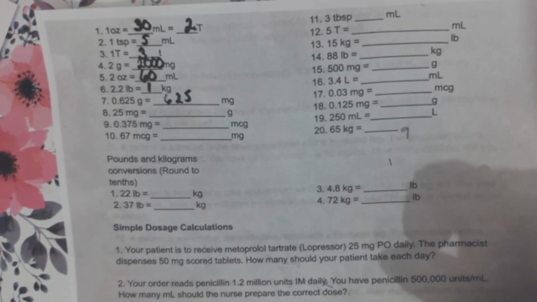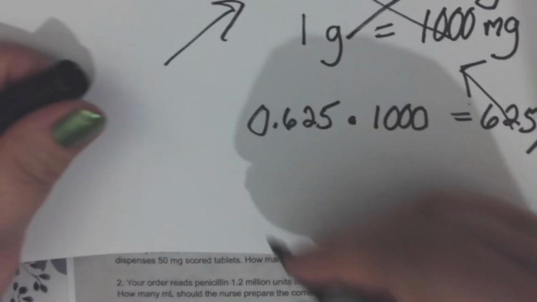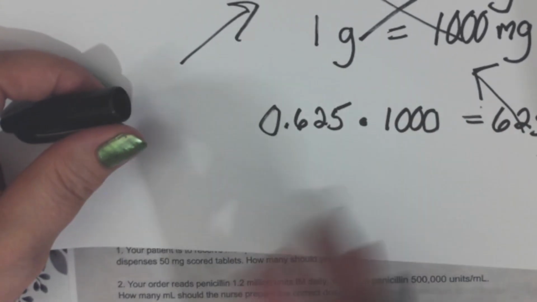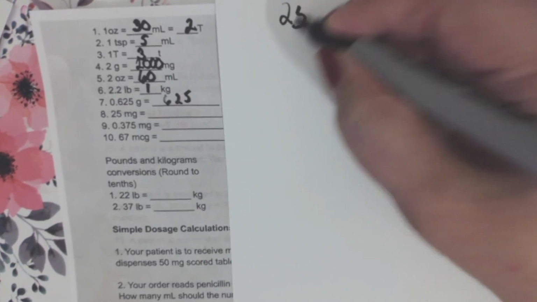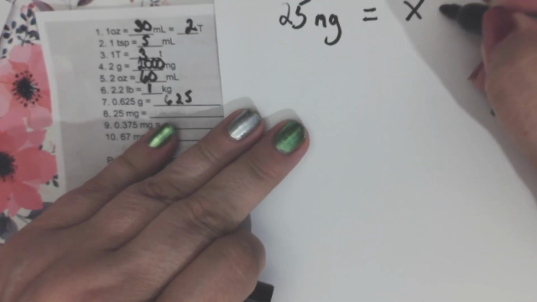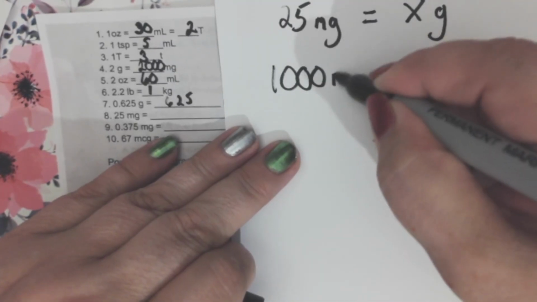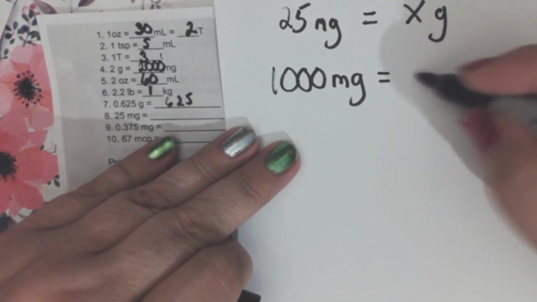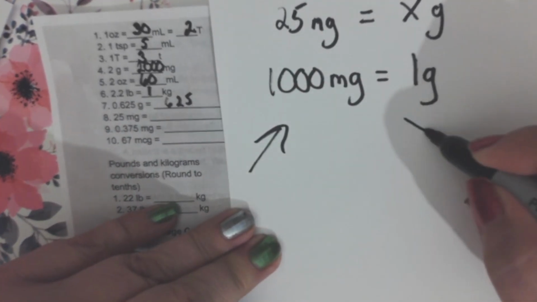25 milligrams equals X grams. How do you set that up? Watch this. Apples with apples and oranges with oranges. Keep likes with likes. So we have 25 milligrams equals X gram. And we know that 1,000 milligrams equals 1 gram. See? Apples, oranges.